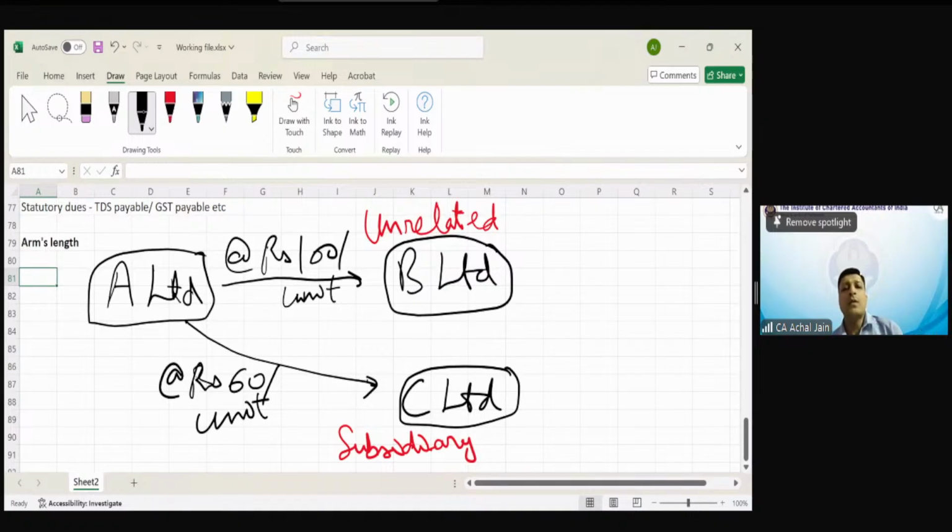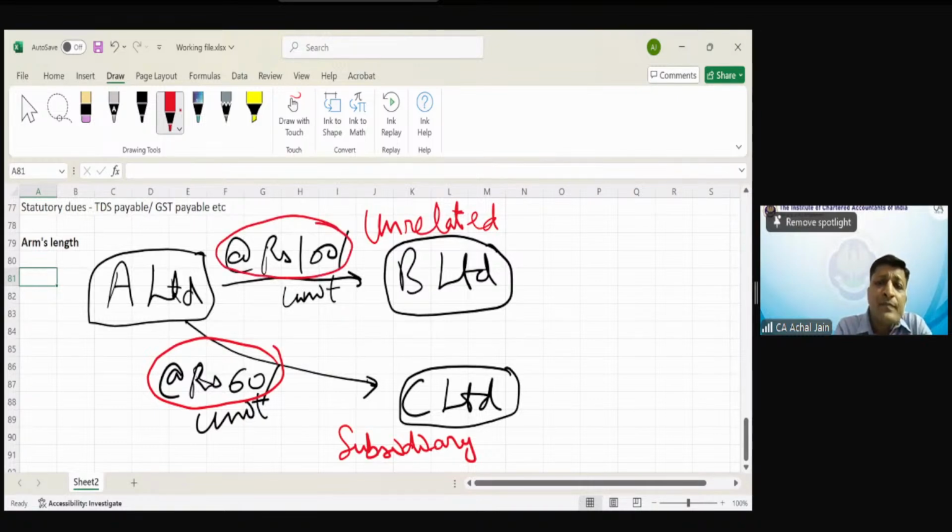Now, in this case, the idea is to check whether this transaction is taking place with C at arm's length or not. Now, it appears that because the price charged from C is significantly lower, of course, the margins could be different for different parties, but because this is significantly lower as compared to what is charged from B, it may not be at arm's length.